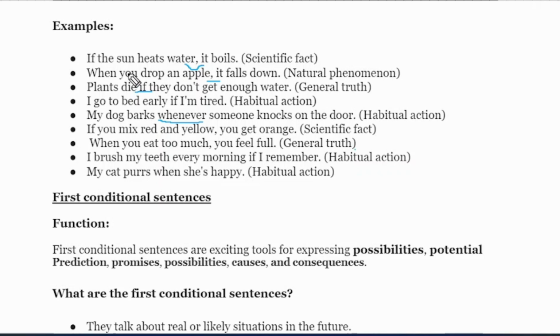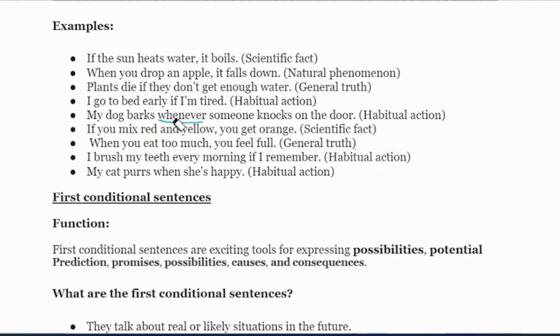You can see the structure of the zero conditional sentence: here we use present indefinite, and in the second part we also use present indefinite tense. So it is not a big deal, both sides are in present indefinite, like present simple.